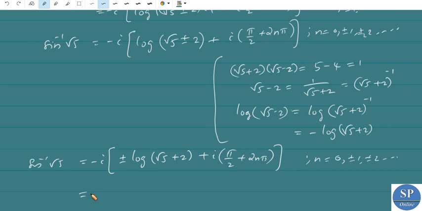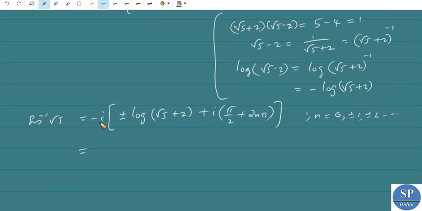Now multiplying with the minus i, we will get: here i into i is minus 1, so minus i into pi by 2 plus this. So here it is plus or minus i into log of root 5 plus 2, and minus i square is plus, so plus pi by 2 plus 2n pi.